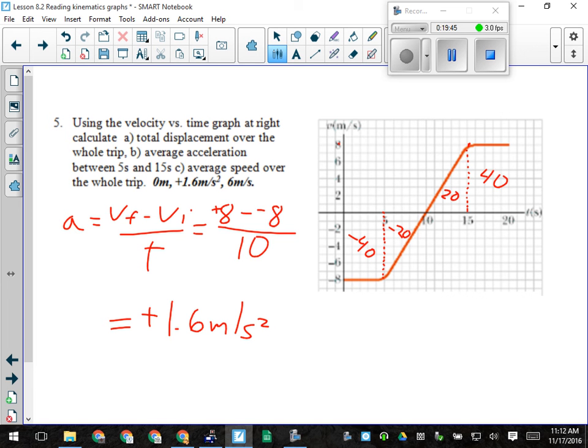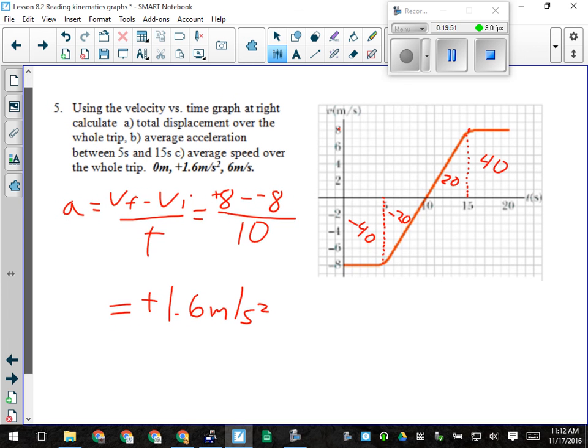How many people are done C? Let's have a look quickly at C then as well. If I want to calculate average speed, I need total distance and total time. Distance, vector or scalar? We don't sound terribly confident here. Scalar doesn't have direction, right?